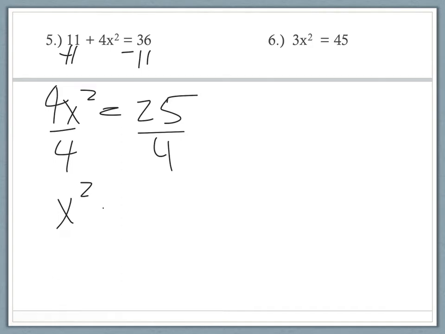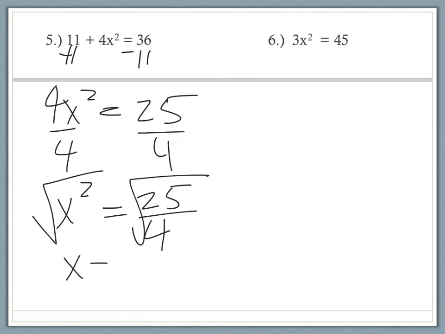Let's just leave it as a fraction. Okay, because I do notice those are both perfect squares. So when I square root both sides, x is going to equal, well, the square root of 25 is 5. The square root of 4 is 2. Okay, so my answer is going to be plus or minus 5 over 2.